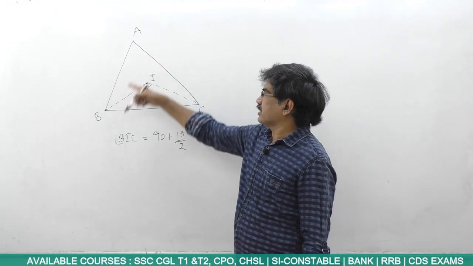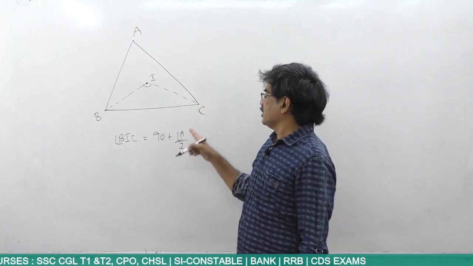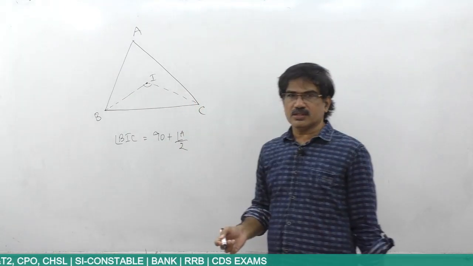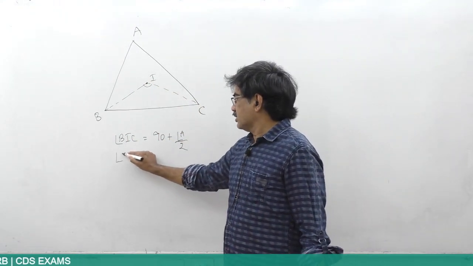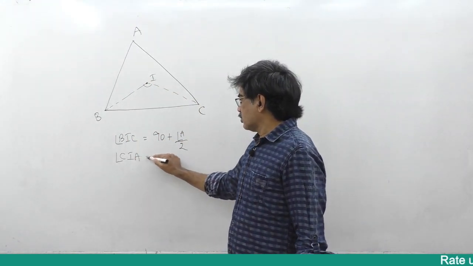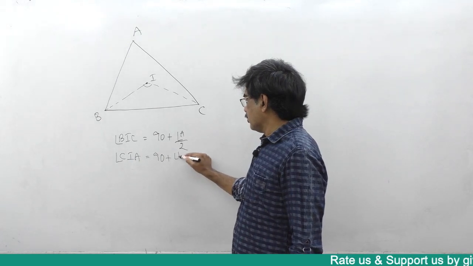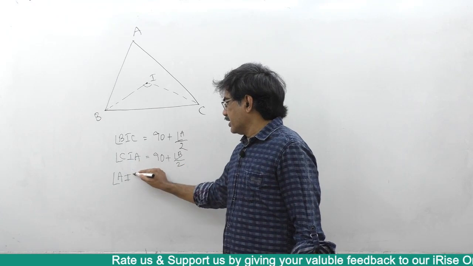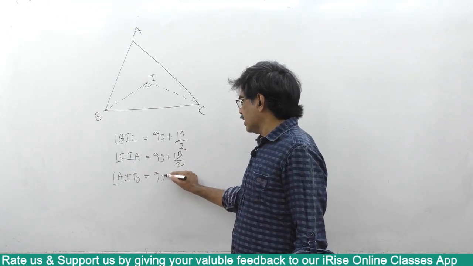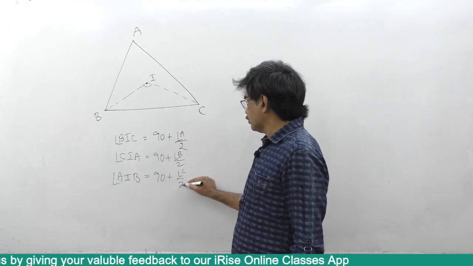If I is the incenter of triangle ABC, angle BIC is equal to 90 plus A by 2. Angle CIA is equal to 90 plus angle B by 2. AIB is equal to 90 plus angle C by 2.